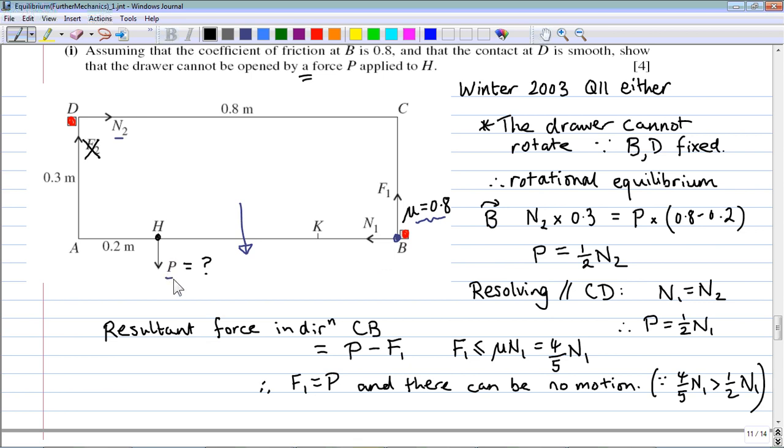And since P is pulling with a force 100, then F1 is allowed to take the value 100, because 100 is less than the maximum, which is 160. And however large I make my pulling force P, F1 will always be able to match it according to this model. Okay? So this is how it works in practice.